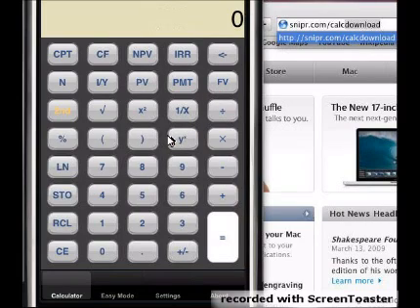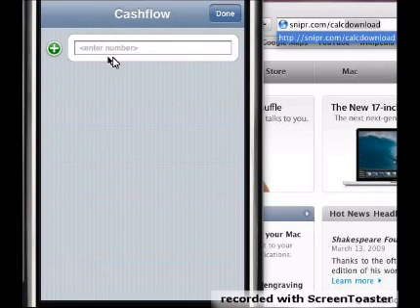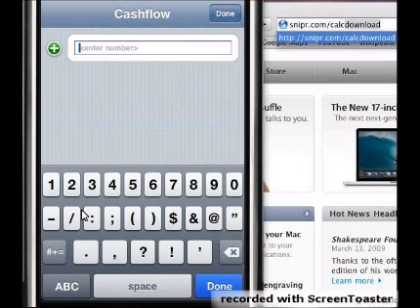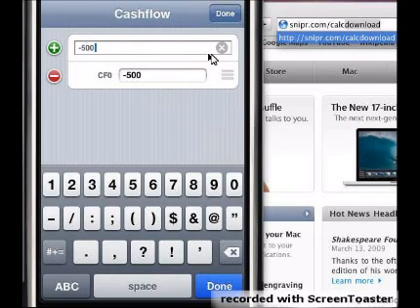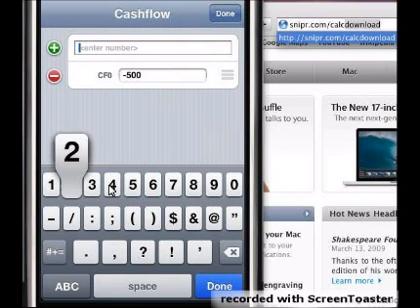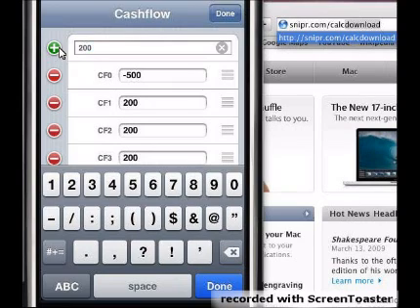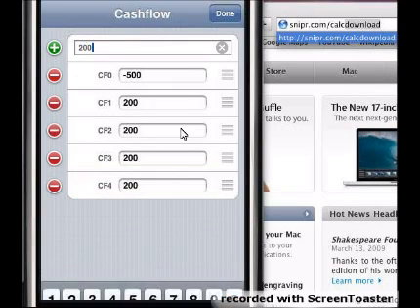Doing something more advanced, let's play with the NPV. For that you need cash flows, so you hit the cash flow key and then you enter minus 500 for the first cash flow, and then let's do, I don't know, 4 cash flows of 200, right?